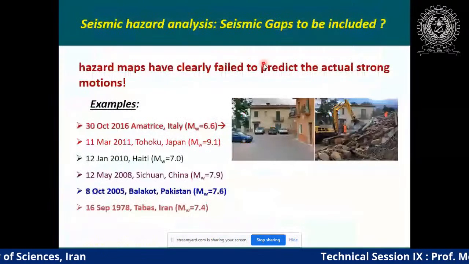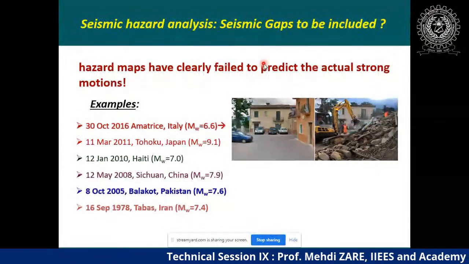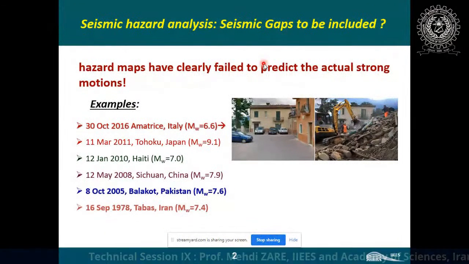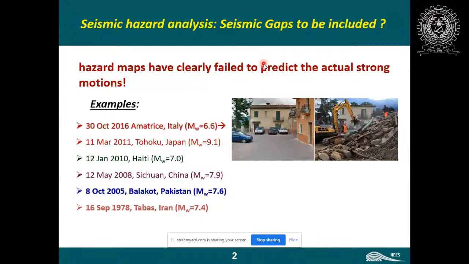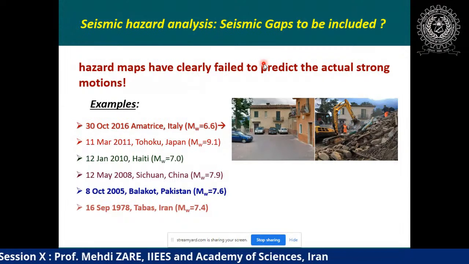As you know, there have been cases where seismic hazard analysis clearly failed to predict the actual ground motion.